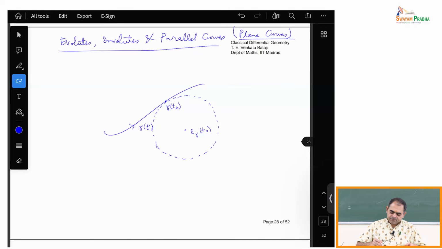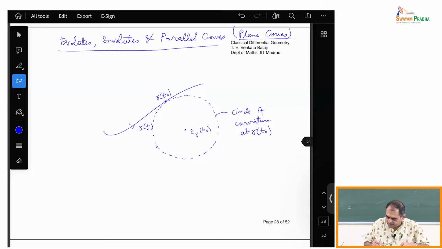So if I draw a picture, it is like this. This is a circle of curvature at gamma of t naught. Let me write the gamma t naught on the other side. Then if you join the point to the center of curvature, this is going to be a normal to the curve. The tangent to the curve will be the same as the tangent to the circle of curvature at that point.